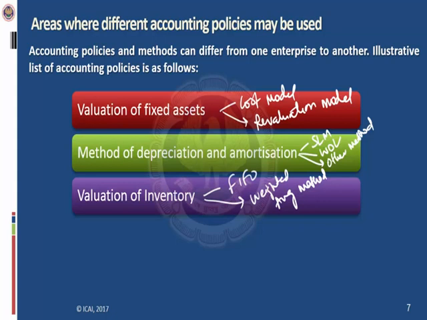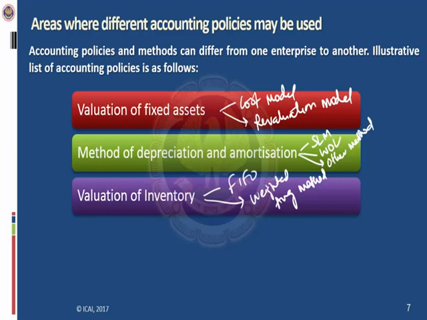Now this 1 lakh stock both have purchased at different rates, but the rates at which A purchased, the same rates B has also purchased those stocks. So the purchases are similar, the sales are similar. Now entity A is using the FIFO method and entity B is using the weighted average method.